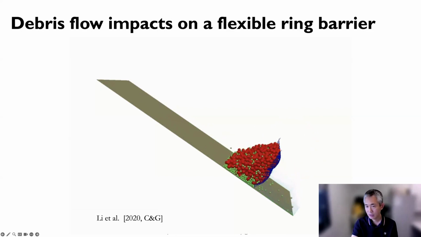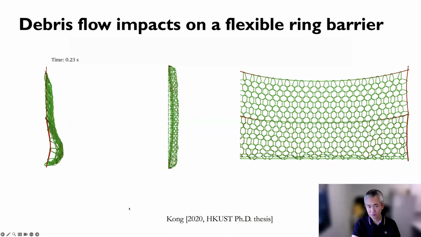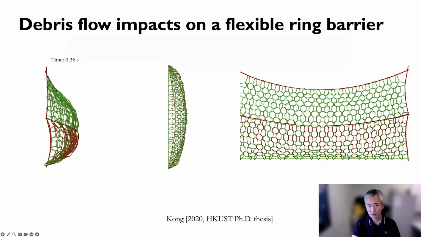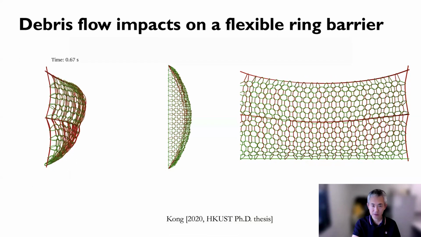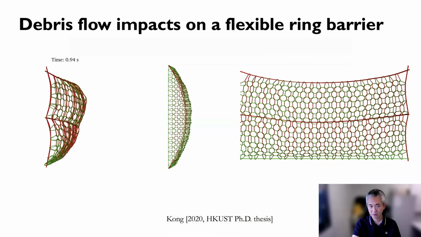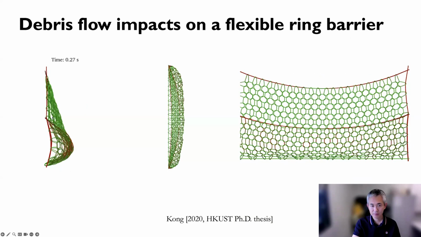This significantly reduces the impact of the debris flow on the downstream infrastructure, for example. And this is a further realization of the response of this ring net barrier subject to debris flow impact. This is a side view of the barrier itself.